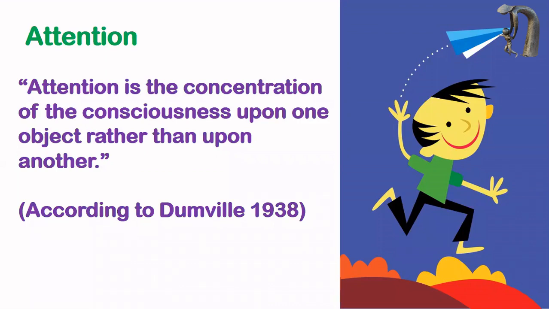If you give one object to the child, he has to do that particular task, that particular activity, at least for 10 minutes. See, how much can we concentrate as a normal being?